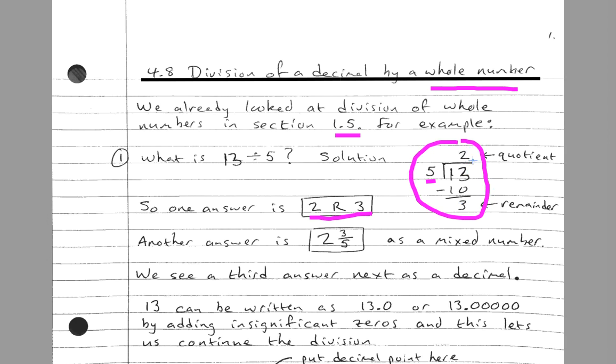The whole number is the quotient, and then it's the remainder divided by 5. So 13 divided by 5 as a mixed number is 2 3/5. I hope you remember that.